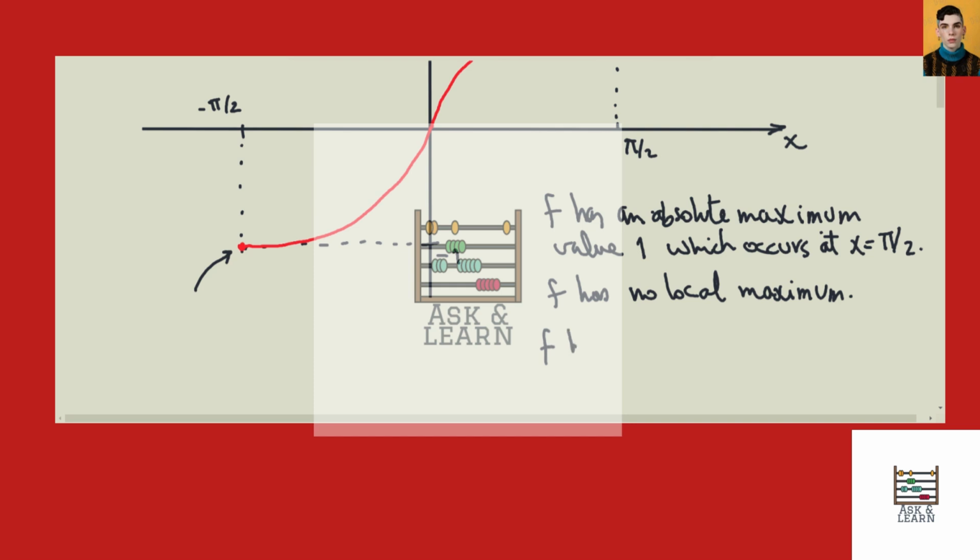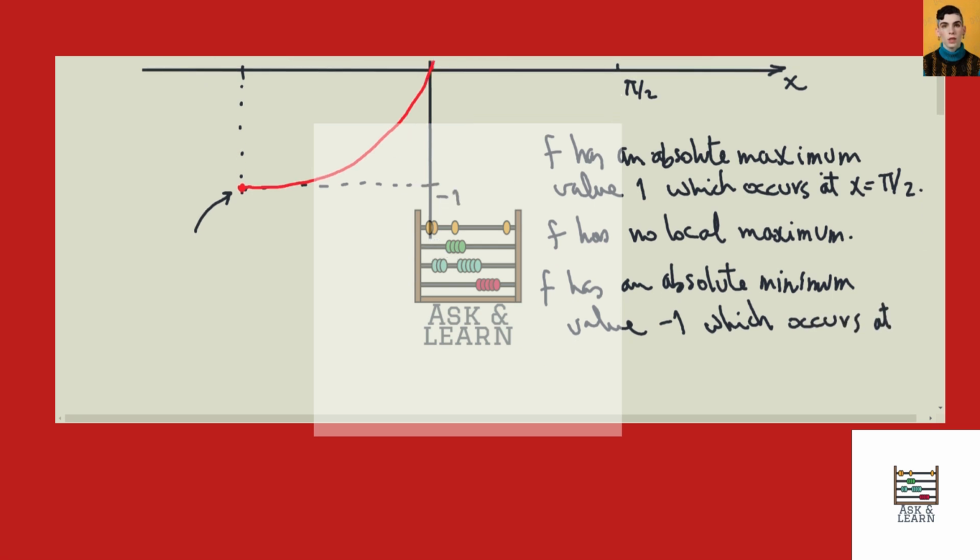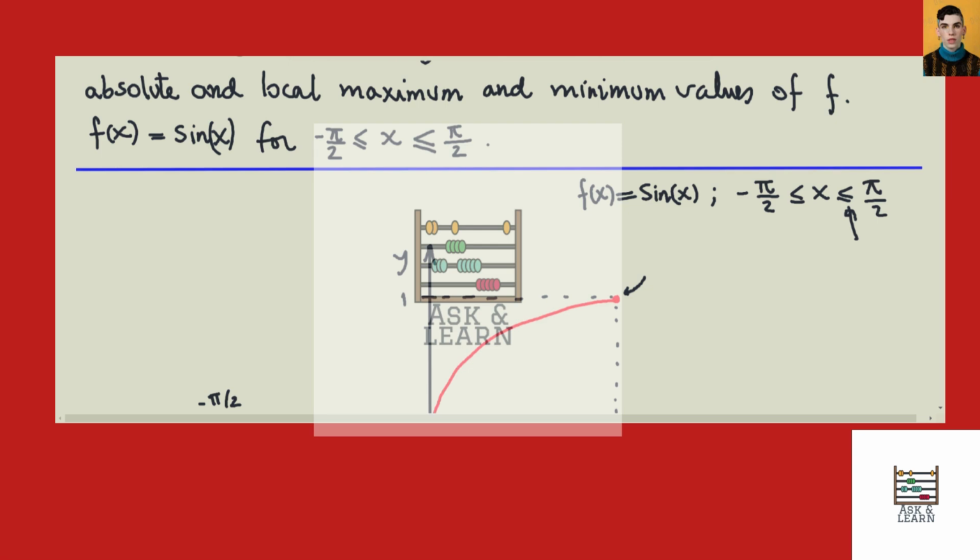So f has an absolute minimum value of negative 1, and that value occurs at x equal negative pi half. And that's because we have included the left endpoint in the domain.